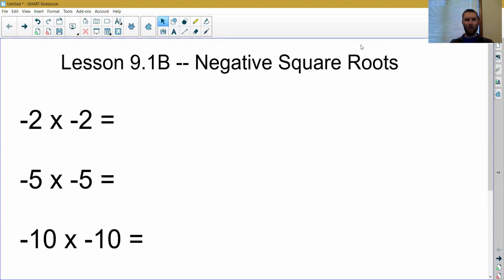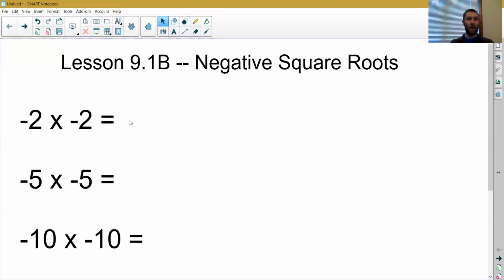Okay, so I want to start by thinking about these three multiplication problems right here. In this case, -2 times -2, or -5 times -5, or -10 times -10. Hopefully we can agree that if I were to multiply these integers together, I would get a positive integer as my answer, right?